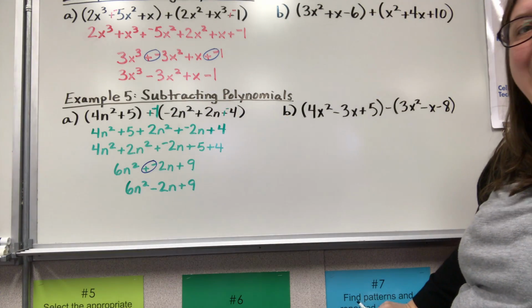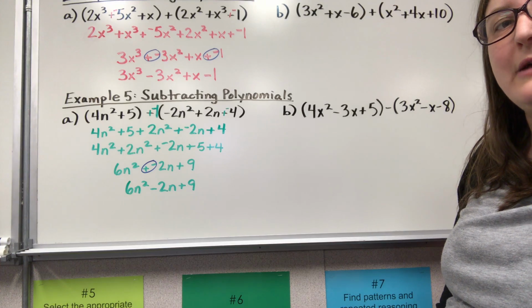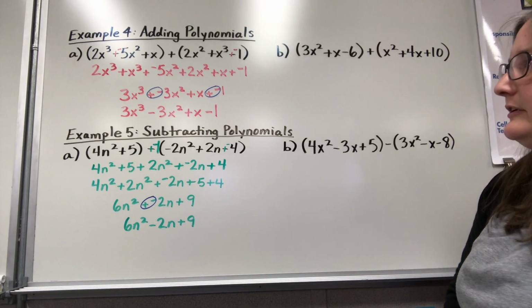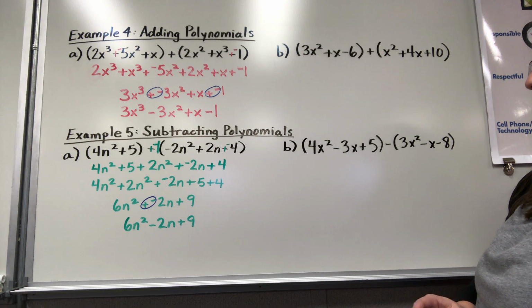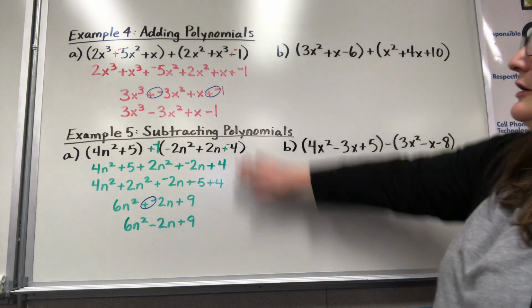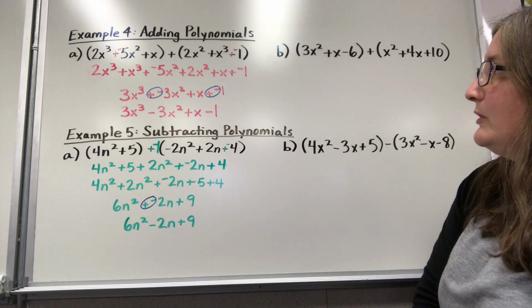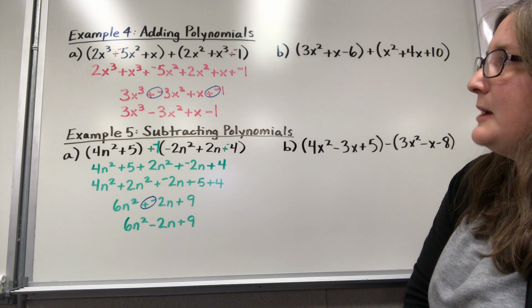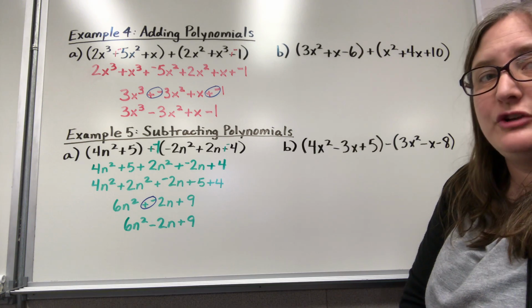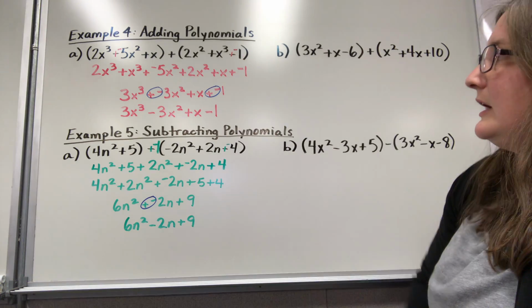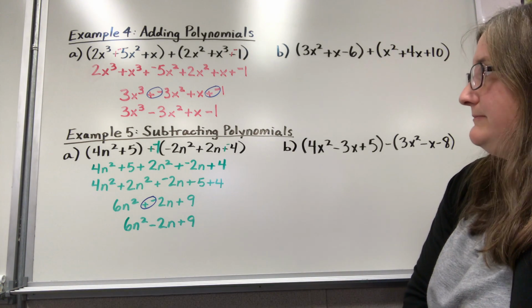Lastly, we're going to look at adding and subtracting some polynomials. So in our first example here, we're adding some polynomials. The first thing I did was make sure that my entire problem was addition, which meant where I had minus 5x squared, I changed it to plus negative 5x squared, and where I had -1, I changed it to plus -1.